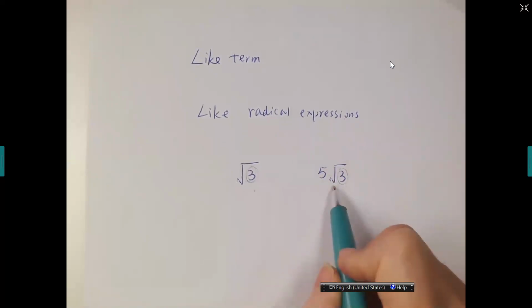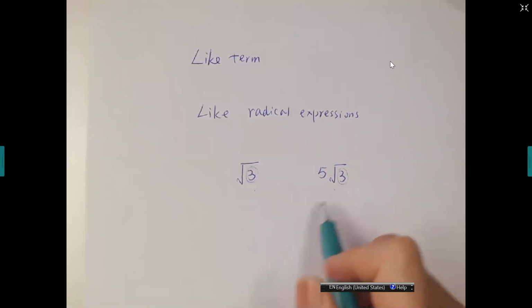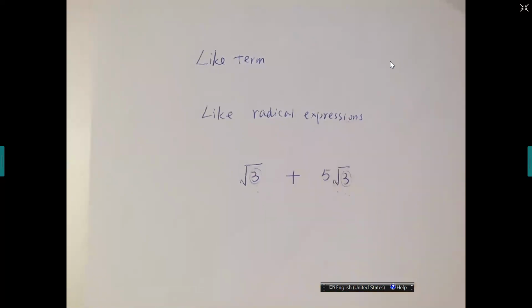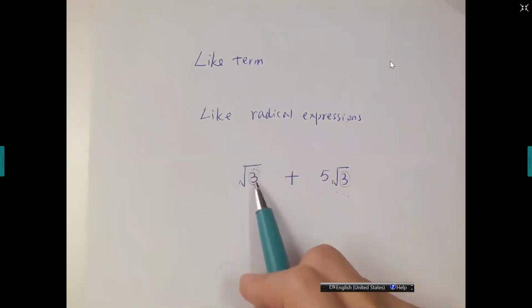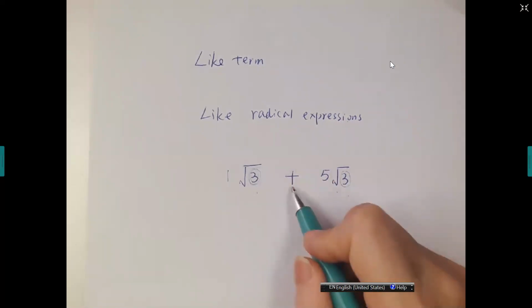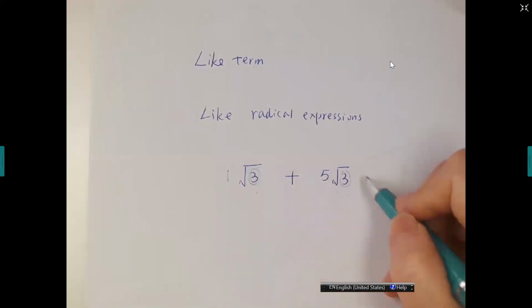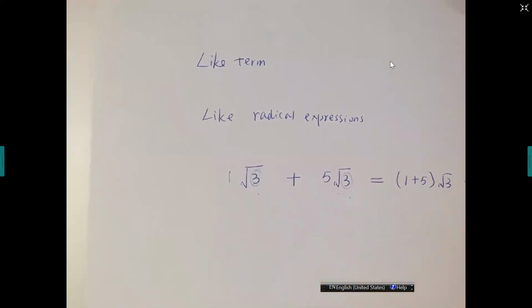If I'm adding those two radical expressions, I just combine their coefficients and keep the radical part. What is the coefficient of radical 3? That's 1. So 1 times radical 3 plus 5 times radical 3 equals 1 plus 5 times radical 3, which is 6 radical 3.